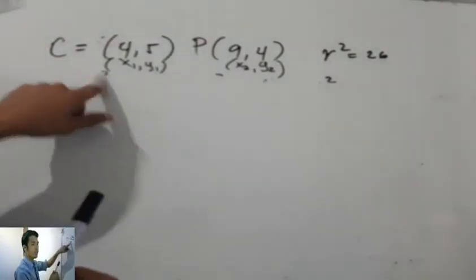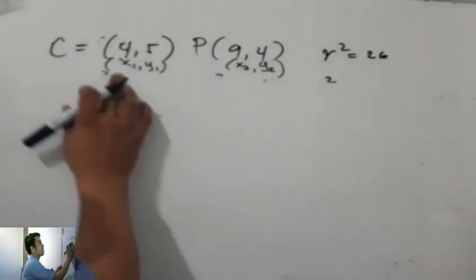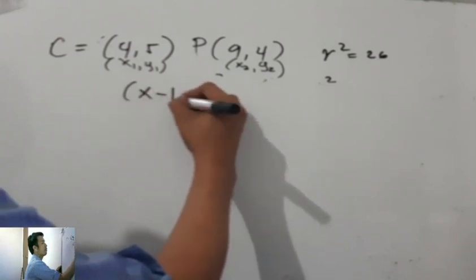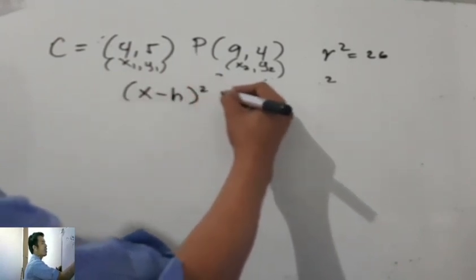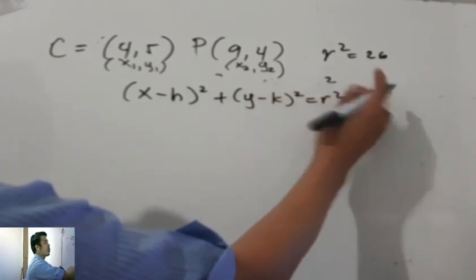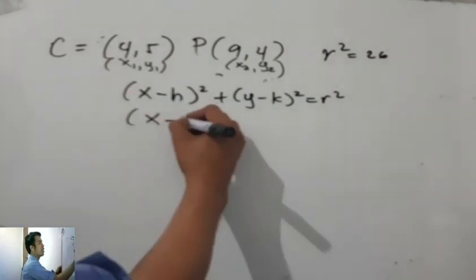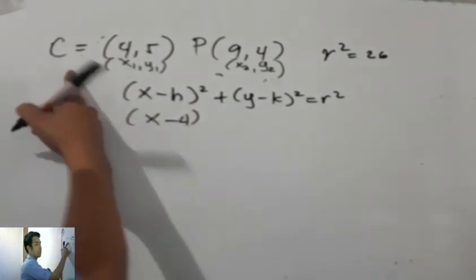So we're going to apply now our standard formula for the equation of the circle. We have the quantity of x minus h squared, plus the quantity of y minus k squared is equal to r squared. And then x minus h is 4. Go back to the center again.